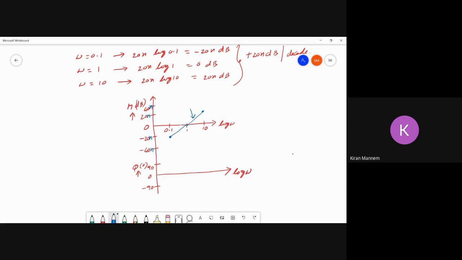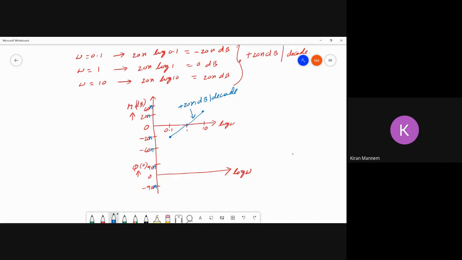Now this is plus 20 into n dB per decade. So similarly here also we'll add n. Let it be plus 90n and minus 90n.